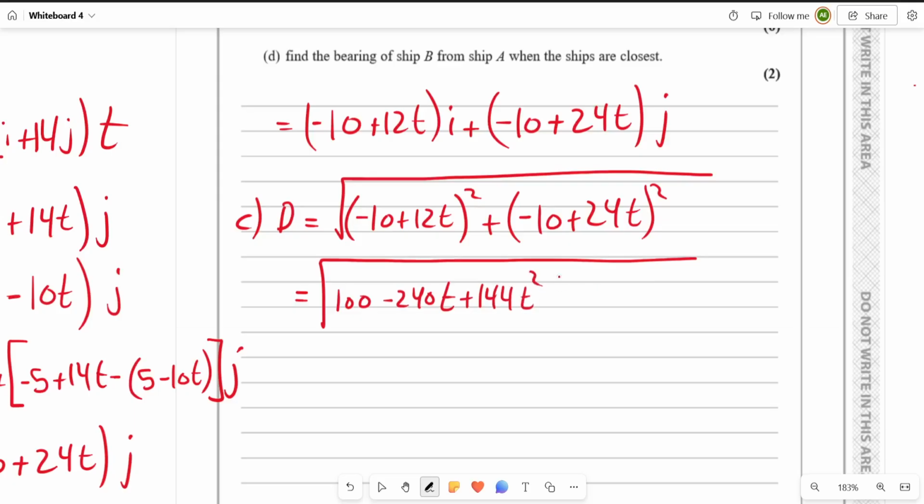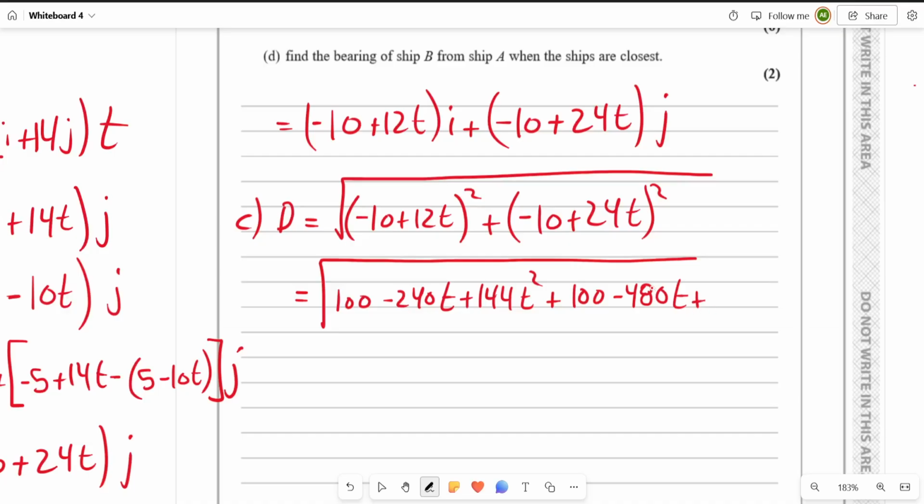Then adding to that, the second bracket, negative 10 squared is going to be 100, plus the first term times the second term times 2. So negative 10 times 24t, that is negative 240t, times 2, that is negative 480t.